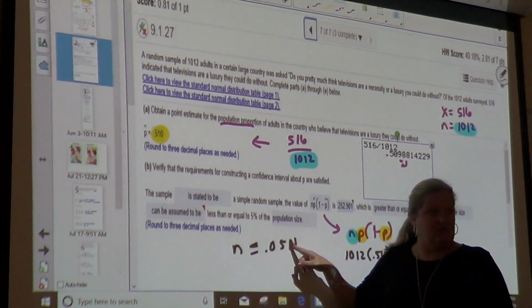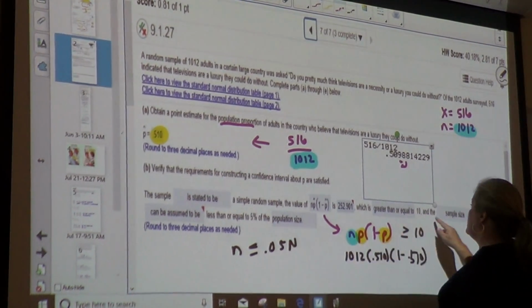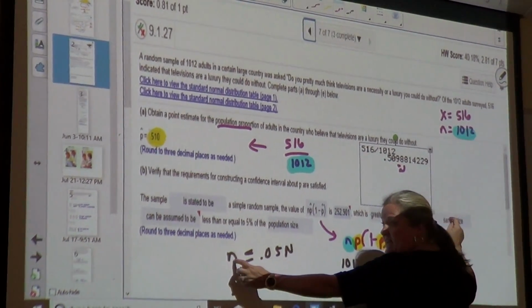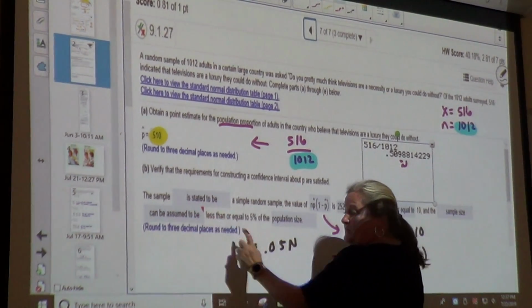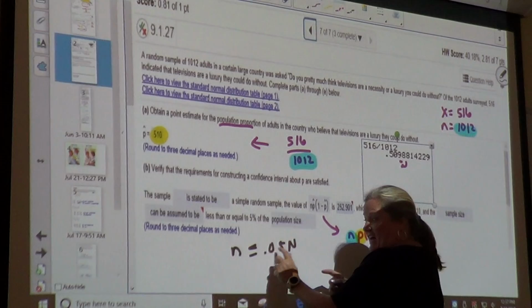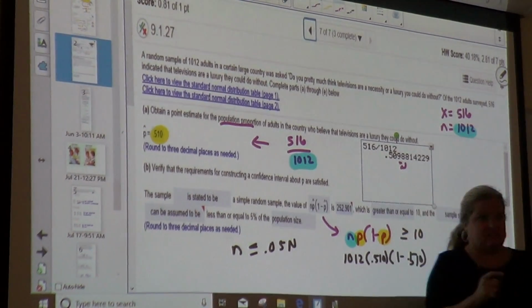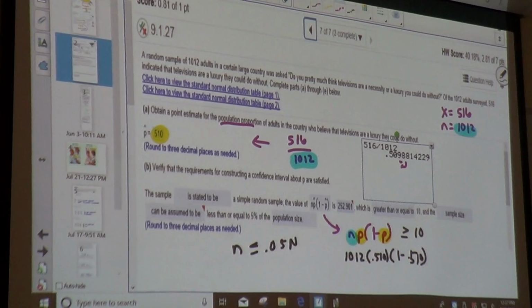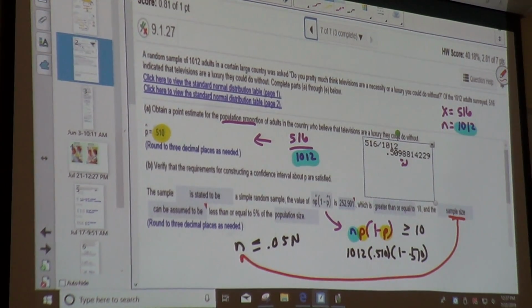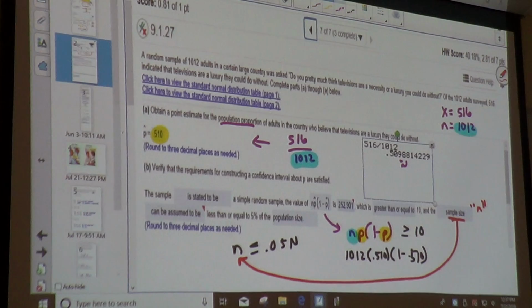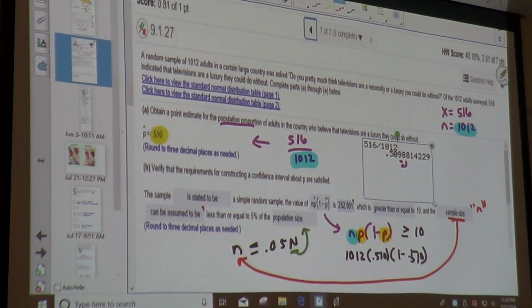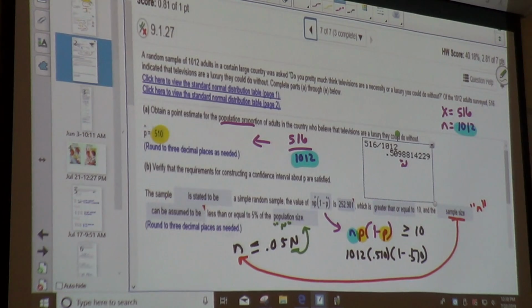And what does big N mean? The population. So it says that the sample size can be assumed to be less than or equal to 5% of the population size. So it's just making sure that you know that the sample size is little n, and that the big N is the population size. It's making sure that you know that both of those formulas are used as requirements to make sure of the P.